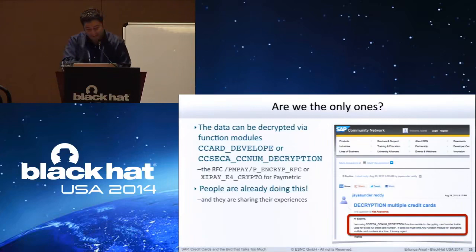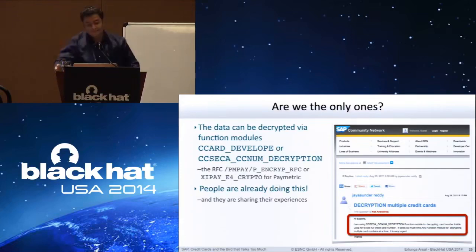And I just want to read this part. Hi experts, I am using the CCNUM decryption function module to decrypt card numbers inside a loop to see the full credit card number. It takes so much time. Any function module for decrypting multiple card numbers at a time? It is very urgent.